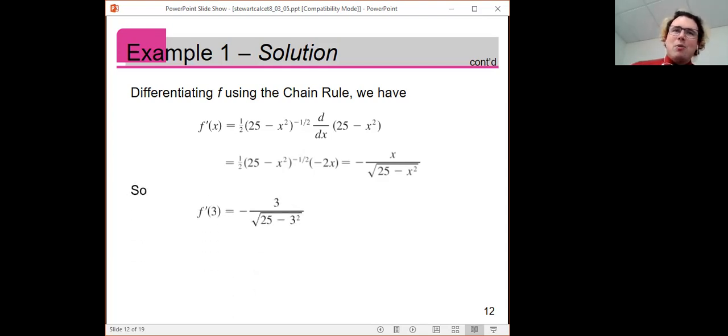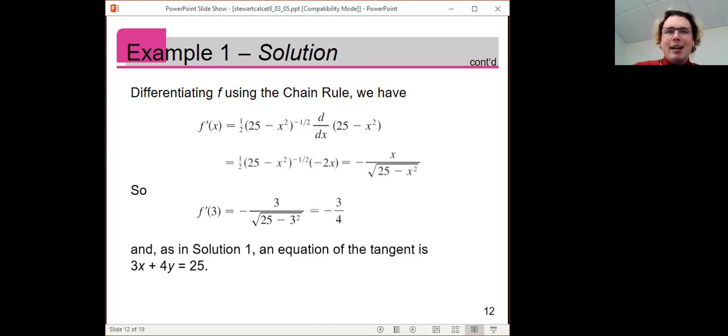So at x coordinate 3, f prime at 3 tells me the slope at x coordinate 3. So I just plug in x equals 3 and I get minus 3/4. Just the same.